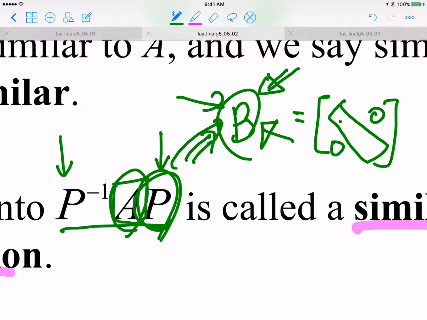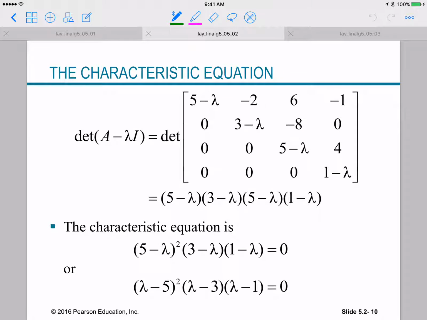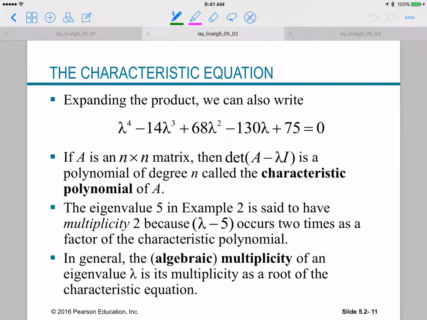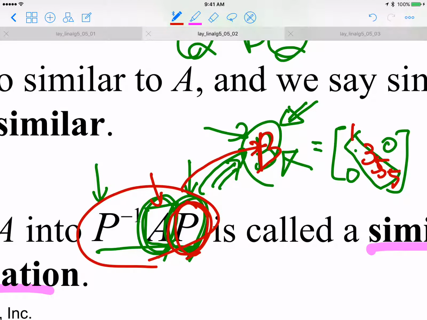So in the case of the previous example, we had 1, 5, and 3. And so you want to change your original matrix A into some diagonal matrix that has these kinds of diagonal entries, and in that case your matrix P, such that A becomes B after this transformation, will be your eigenvectors.